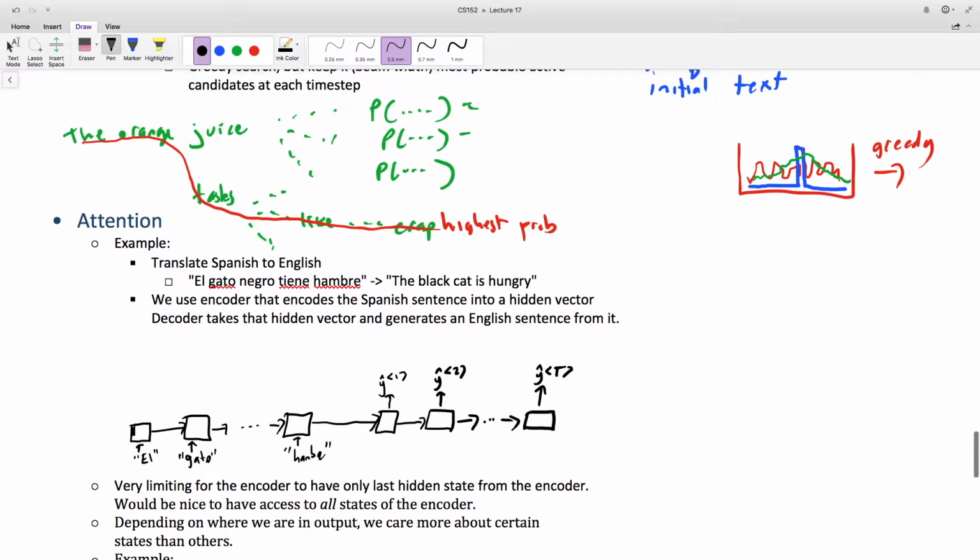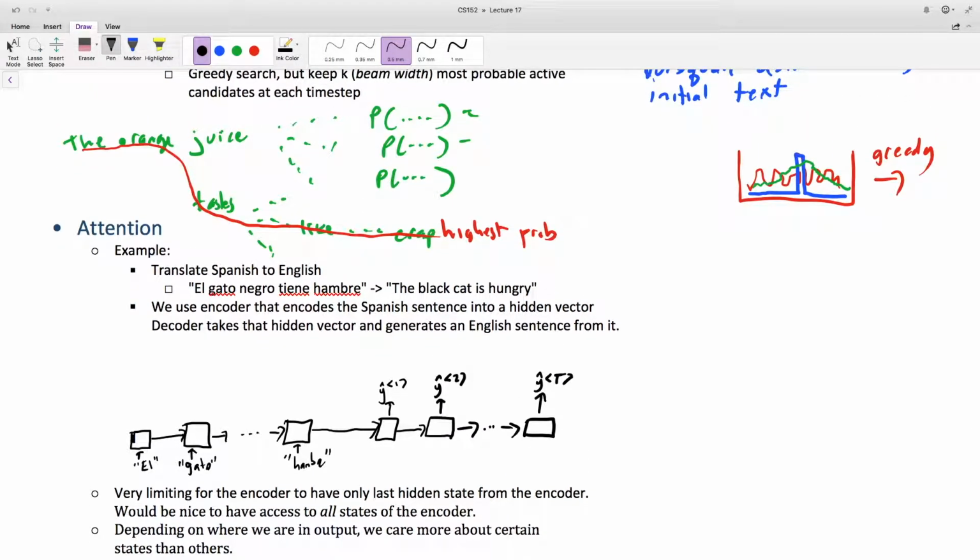Now I'm going to talk about attention. So let's say we're doing some translation.